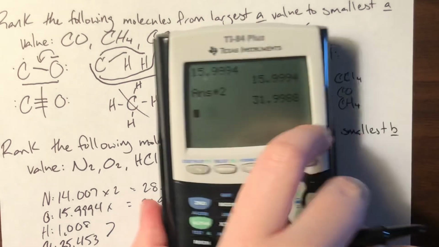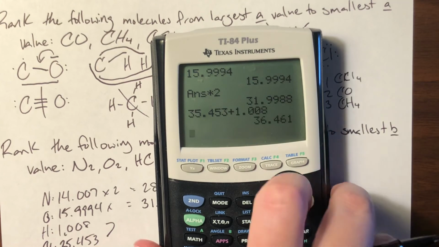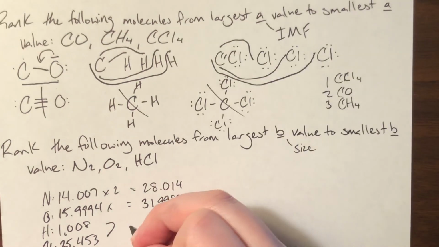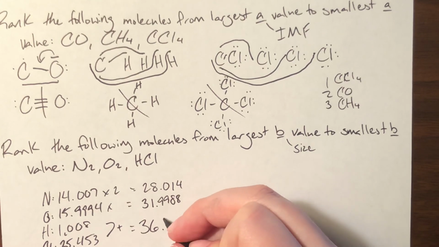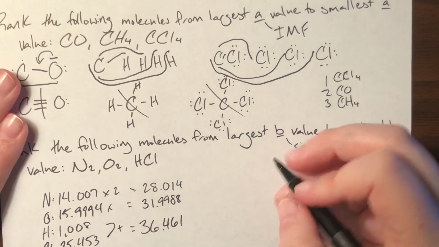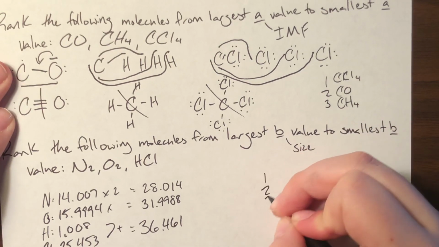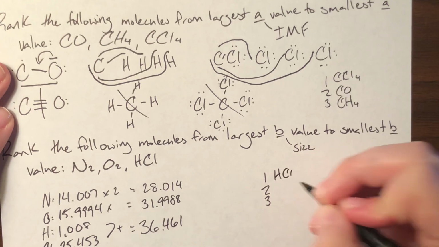And so 35.453 plus 1.008 gives me a mass of 36.461. So that will be my ranking there, with my largest B value being that of HCl.